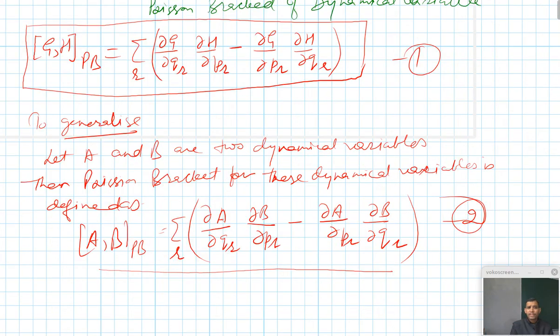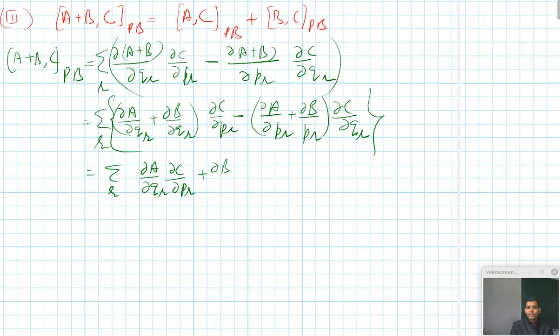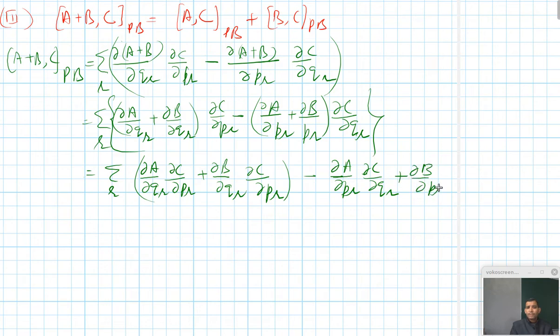Oh yeah, it's fine, everything will be fine, but here I made a mistake. So now it is ∂B/∂q_r and ∂C/∂p_r minus ∂A/∂p_r ∂C/∂q_r plus ∂B/∂p_r and ∂C/∂q_r, and it should be written like this, right?